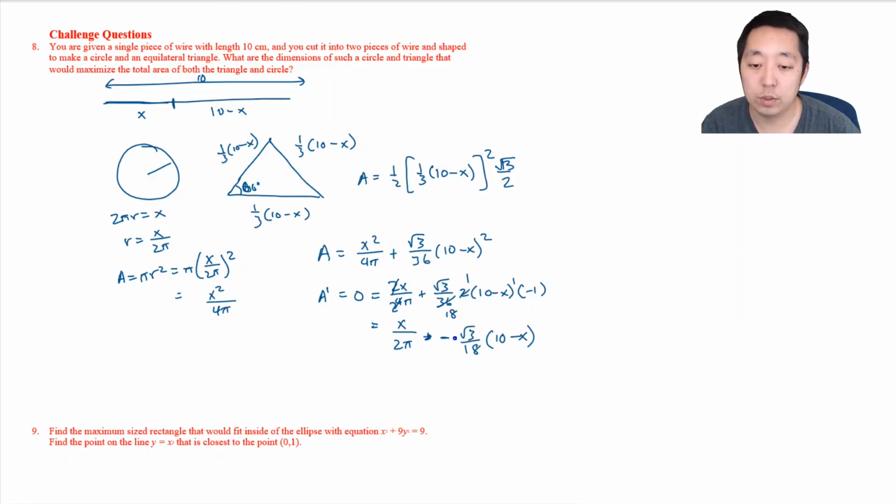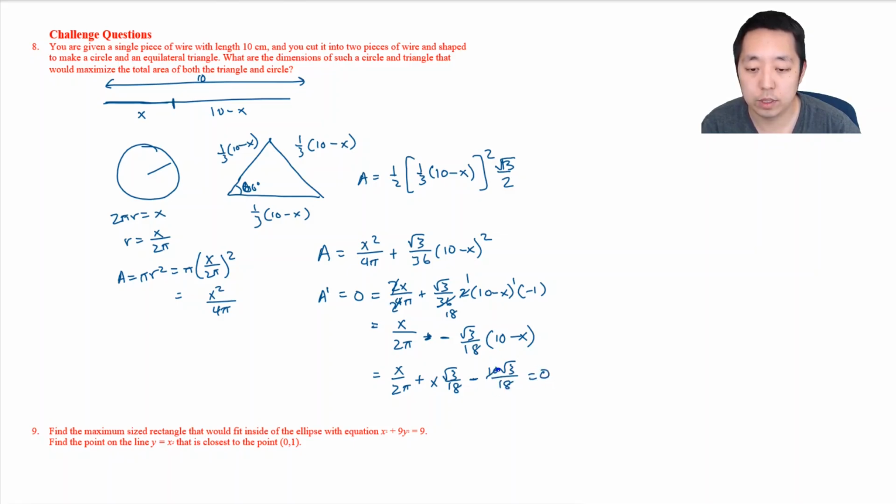And if I distribute this out, I get x over 2 pi plus x times root 3 over 18 minus 10 root 3 over 18 is equal to 0.